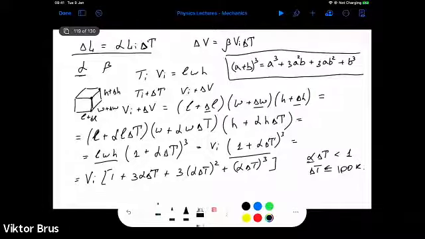Why? Because alpha is very small. As I mentioned before, thermal expansion happens, but it is quite a small change in length or in volume.